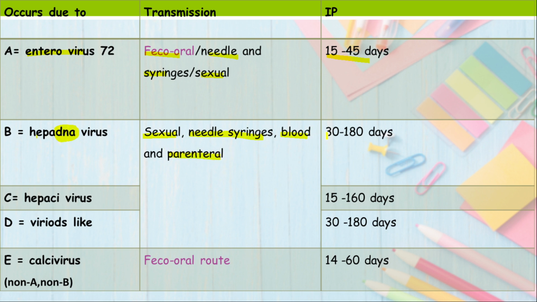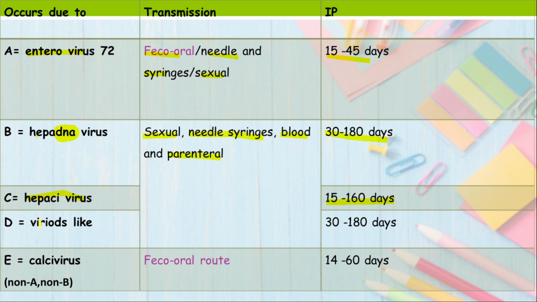So the incubation period here is from 30 to 180 days. Then comes hepatitis C virus, where the route of transmission is similar to that of B virus, that is sexual, needle, syringes, blood and parenteral route. Then comes the incubation period. It is from 15 to 160 days.